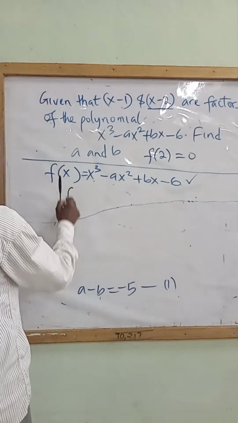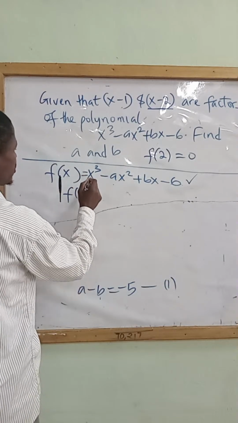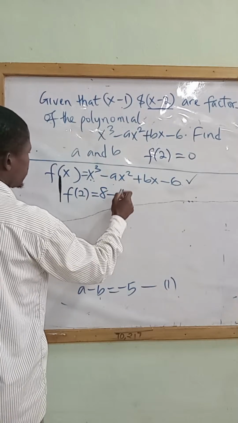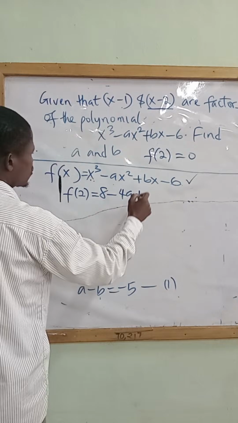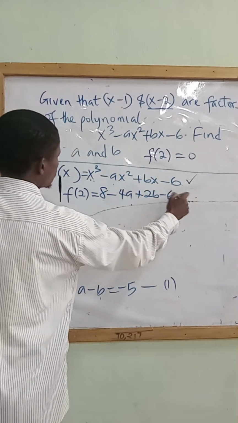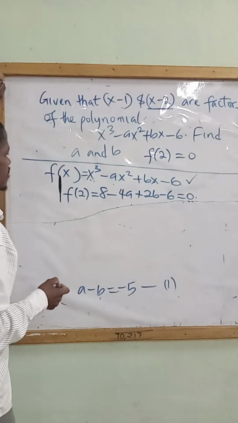For the second one, do the same thing for x minus 2. So we're going to have f of 2 equal to 0. That will be 8 minus 4a plus 2b minus 6 equal to 0.